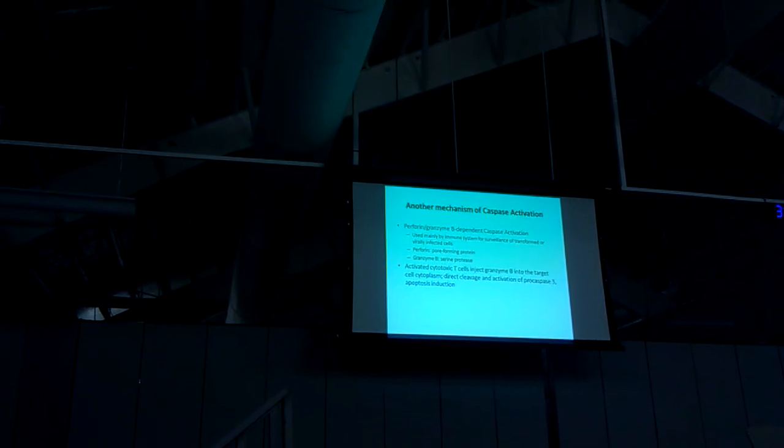It's safer for a cell to undergo apoptosis rather than necrosis, regardless of whether there's a virus present or not. So granzyme B is able to directly activate procaspase 3. It's another way to trigger an effector cascade, and that's what's going to allow apoptosis to occur.